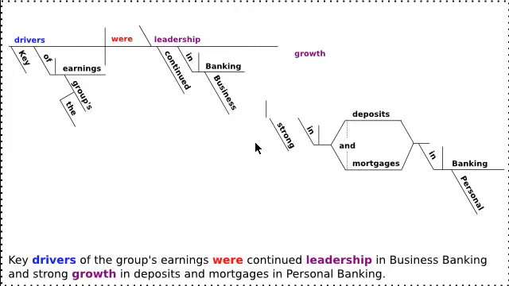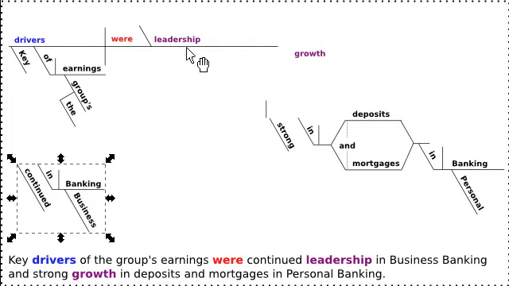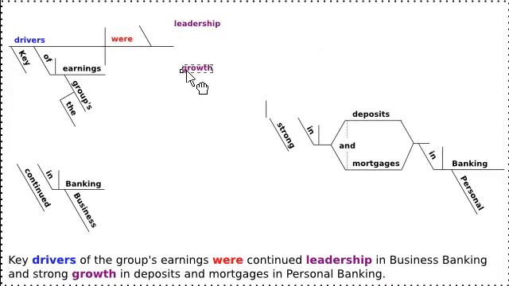These we will put to one side because we'll need them later. This will shorten. And we have the conjunction and.